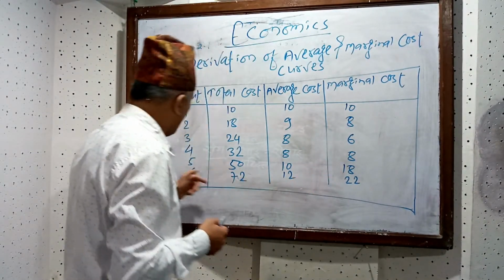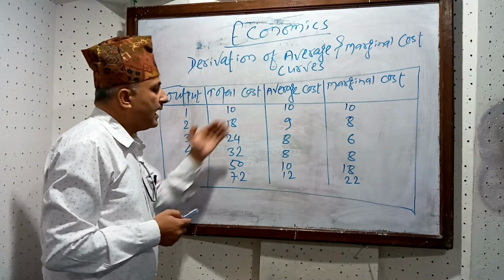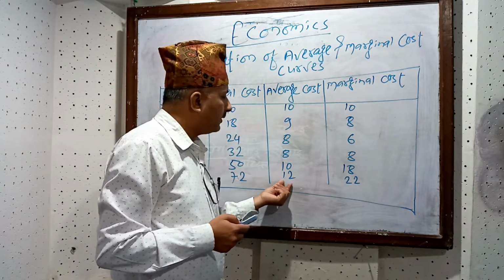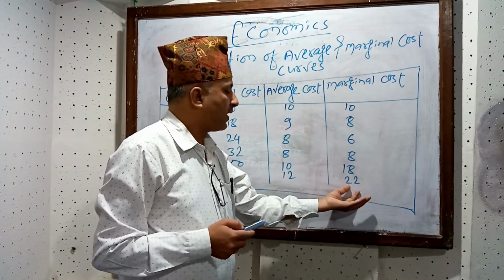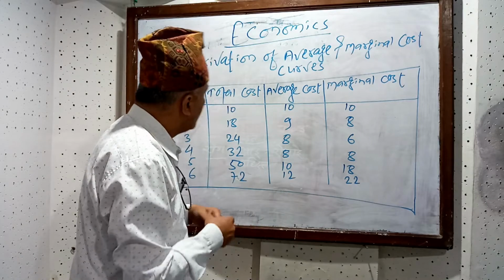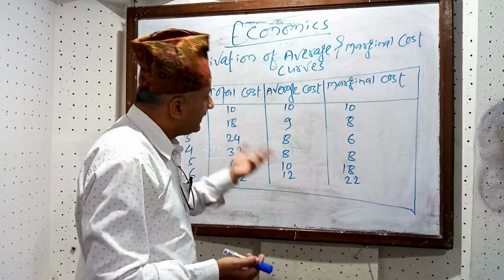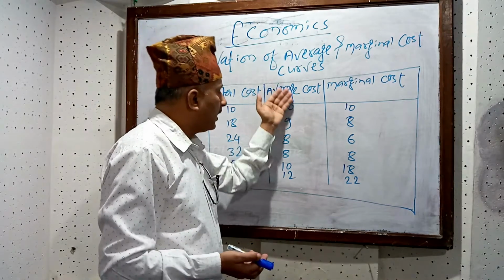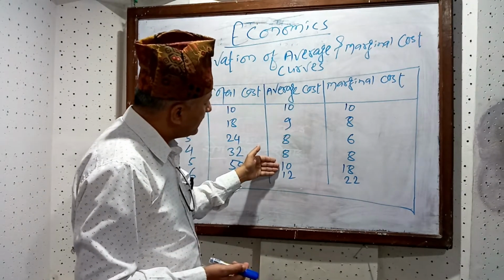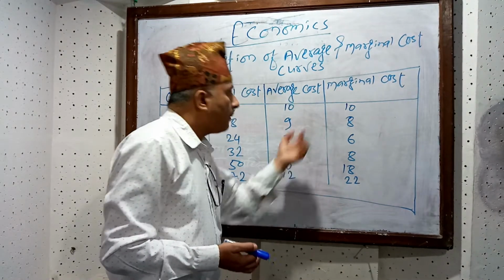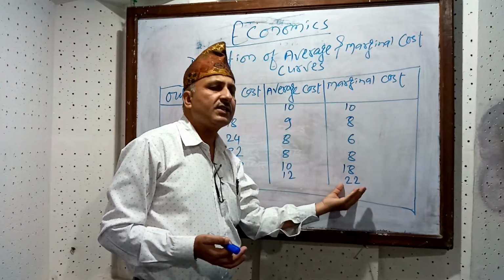Similarly, when the sixth unit of output is produced, average cost has become 12 and marginal cost has become 22. That means after a certain point, both of them start increasing, but average cost increases slowly, while marginal cost increases quickly.